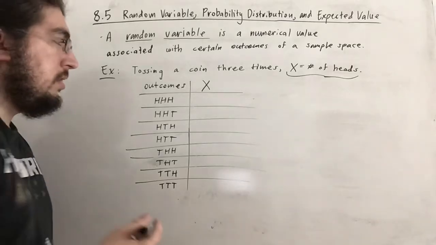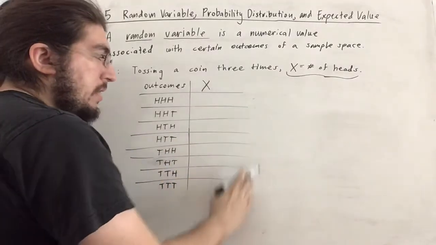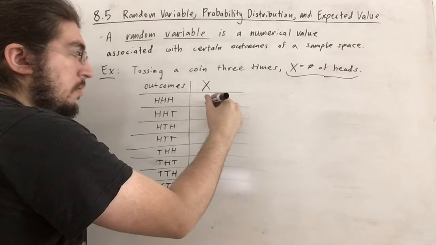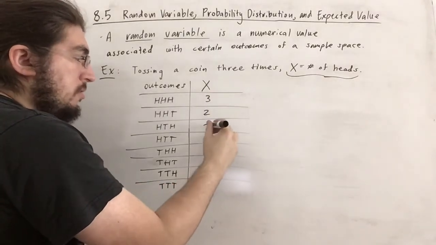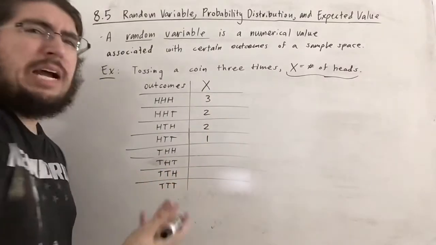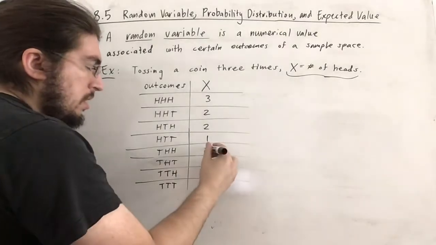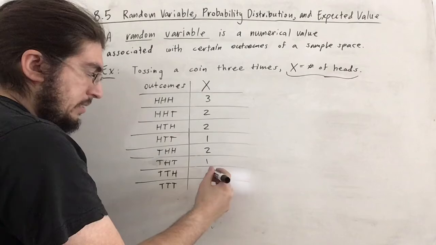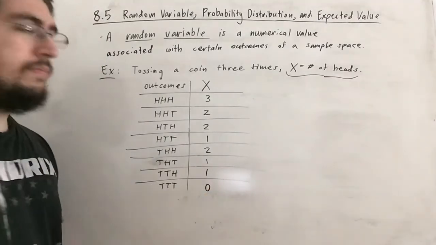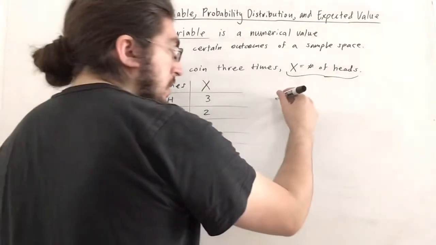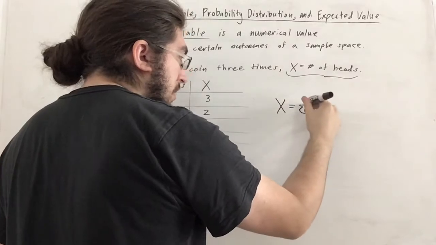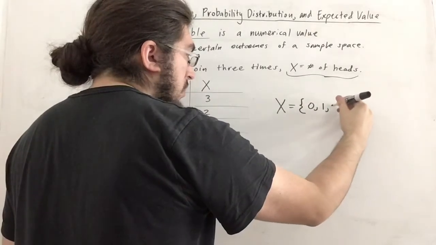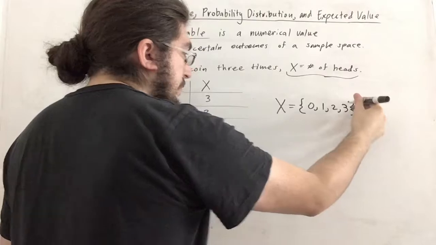So here, how many heads are there in this outcome? Well, there are 3. Here there are 2, there are 2, here there's 1. I'm just counting the number of h's for each one. 2, 1, 1, and then 0. So in fact, x is literally just the set 0, 1, 2, and 3.